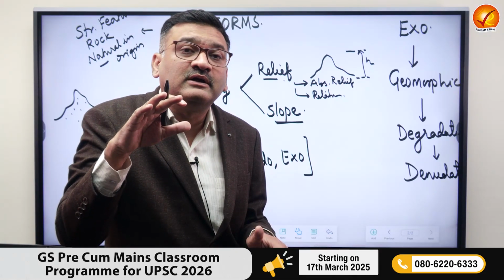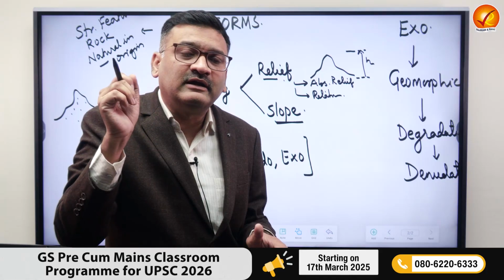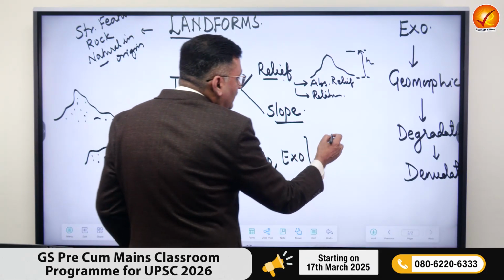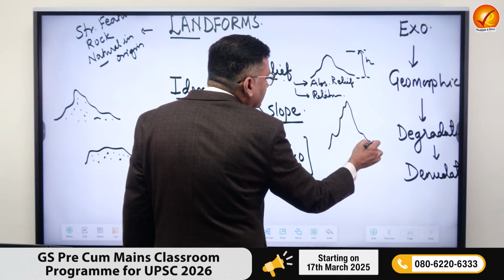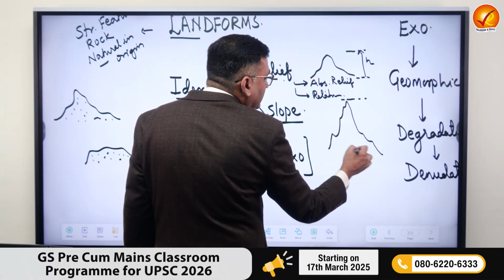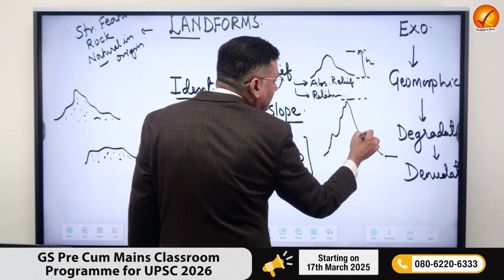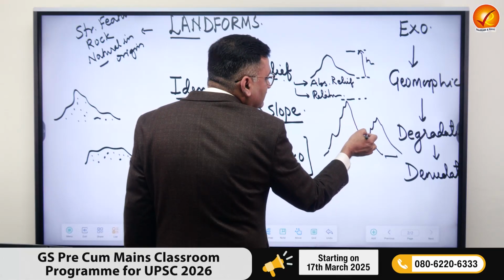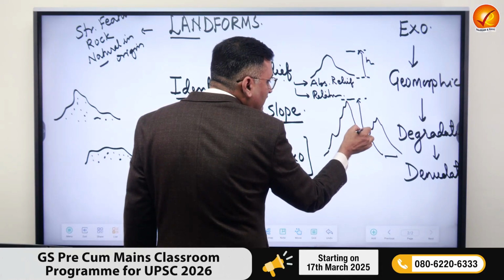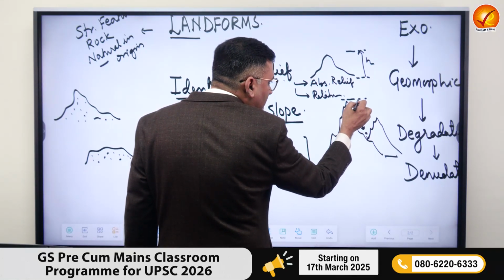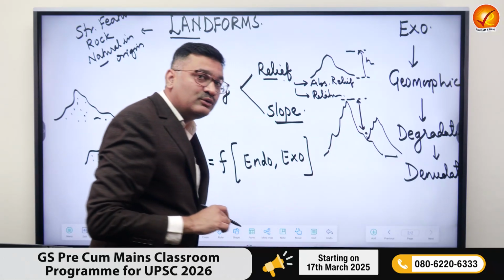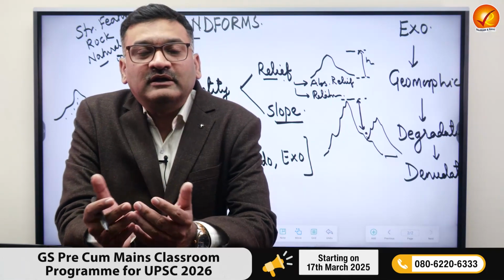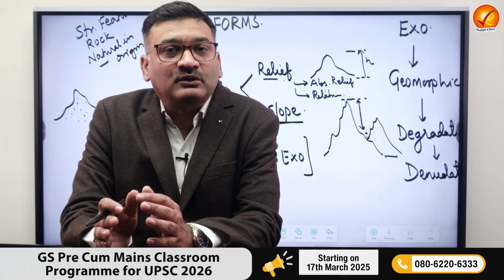I am talking about a continental landform. For oceanic, the criteria will be different. Now, if this is a mountain and the height is 8,848, this is from sea level. If I say there is an adjoining mountain here and there is a valley, and you are measuring the height of the landform from the nearby lowest level, here we are not concerned about whether the base level is sea level or not.